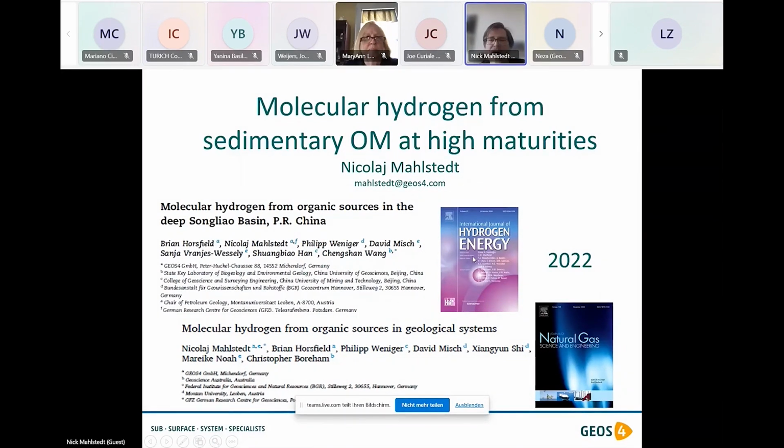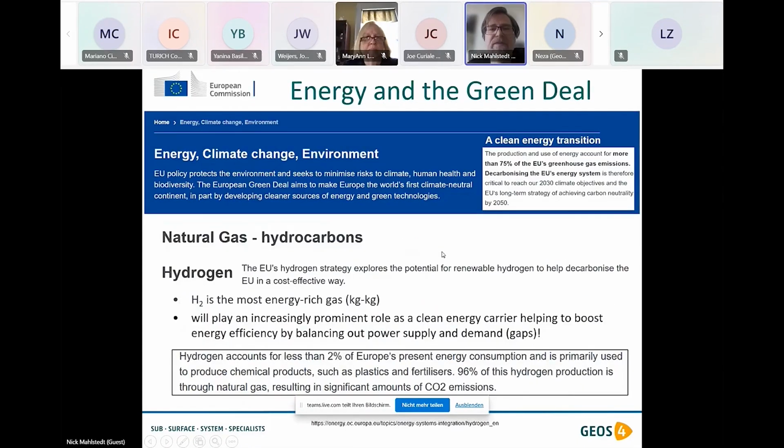Okay, so what was our motivation to dive into this topic of hydrogen generation? Mainly political reasons, of course, in today's climate and of the energy and the Green Deal.